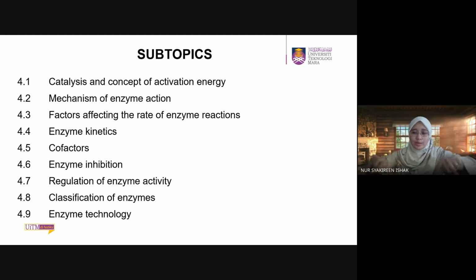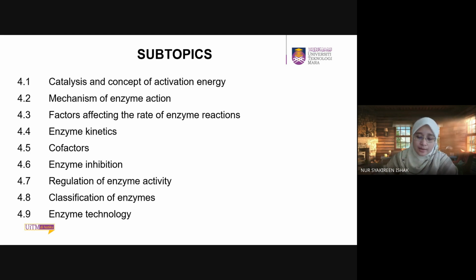So those polypeptides will be arranged in certain structure through the interaction between side chains, such as through hydrogen bonds. Okay, so if you increase temperature, the hydrogen bonds that hold the structure of the protein will be broken, for example, and the protein loses its shape. Enzymes are protein in the globular shape, globular protein, folded into specific shape so that the enzyme can function. So if you increase temperature, you can disrupt the structure of the protein.